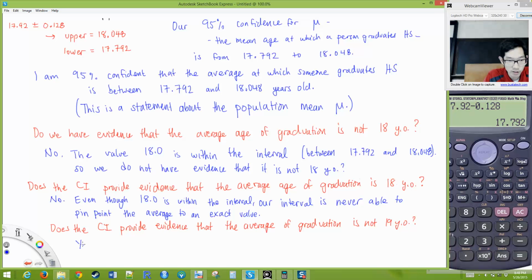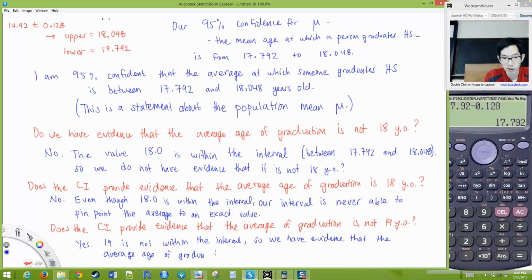Okay? 19 is not within the interval. So we have evidence that the average age of graduation is not 19 years old. Is that okay with everyone?